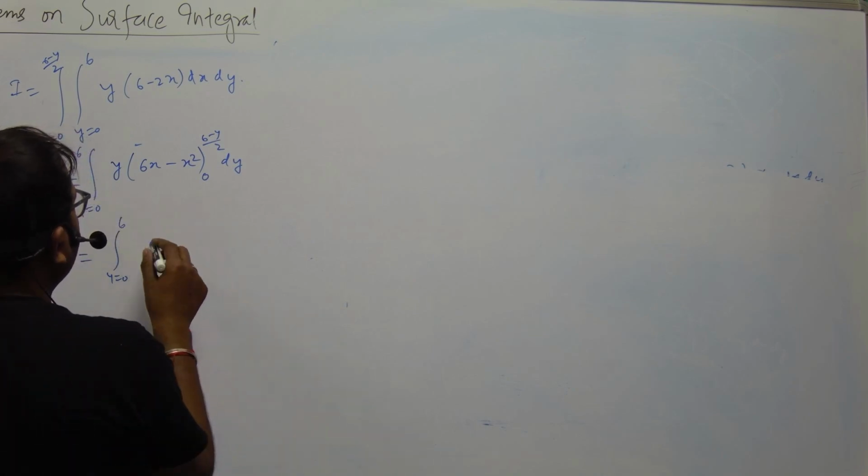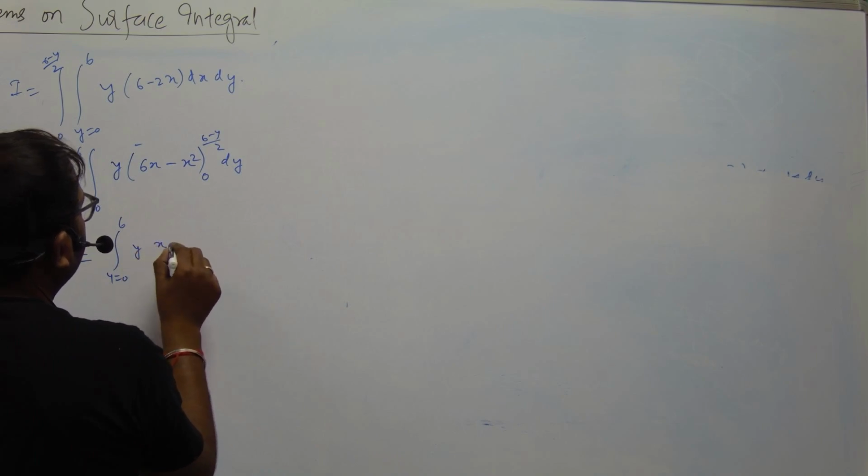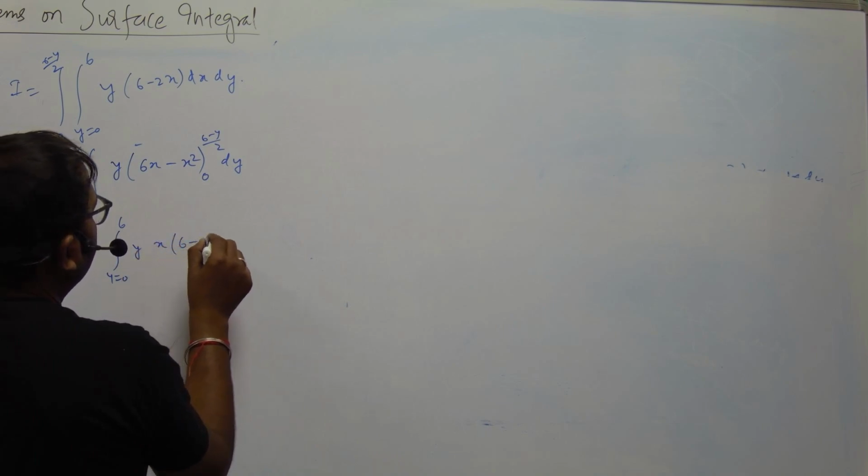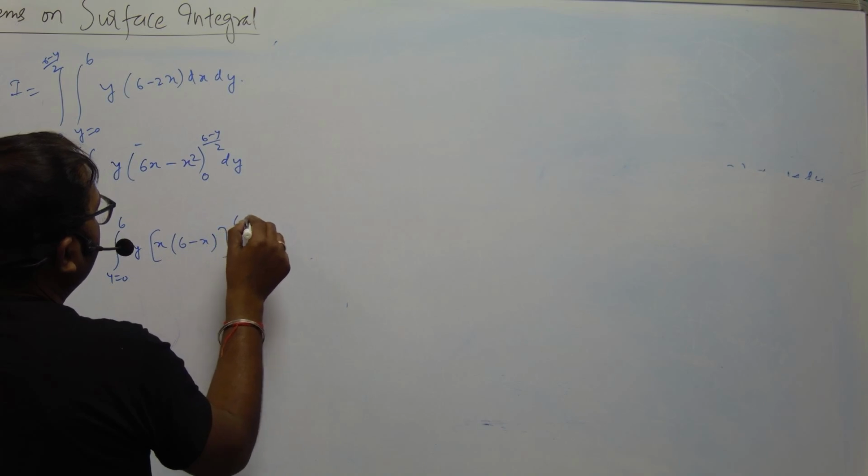Let us take x outside: y times x, with the limit 6 minus y upon 2.